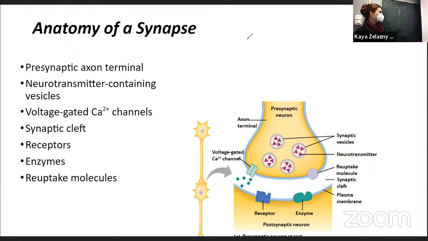As we focus on the process of releasing and receiving a neurotransmitter, we have in the axon terminal of the presynaptic neuron these vesicles, which are like a membrane bag full of neurotransmitters. We call them synaptic vesicles because we're in the synapse.